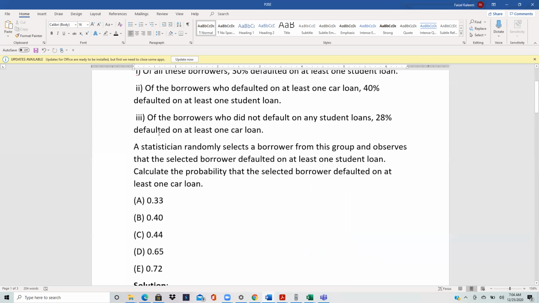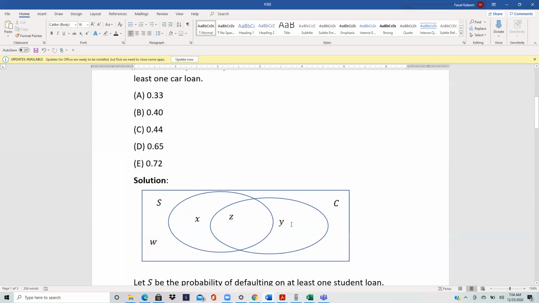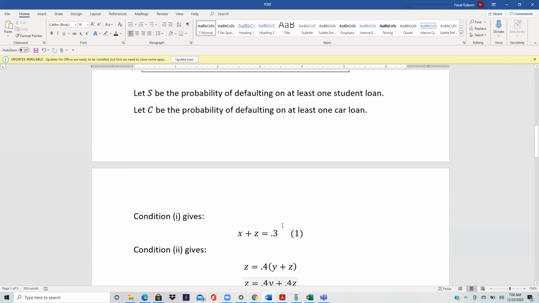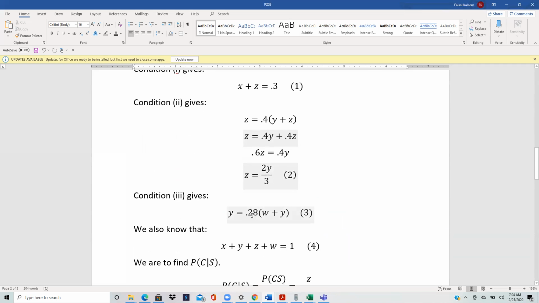And 28% of these defaulted on at least one car loan. So of these, the W plus Y, the ones who default on one car loan are the Ys, and we are told that 28% of the non-defaulters on student loans, so 28% of W plus Y, equals the ones which defaulted on car loan, which is Y. So Y is equal to 28% of W plus Y. We don't need to simplify this because we have a trick here.